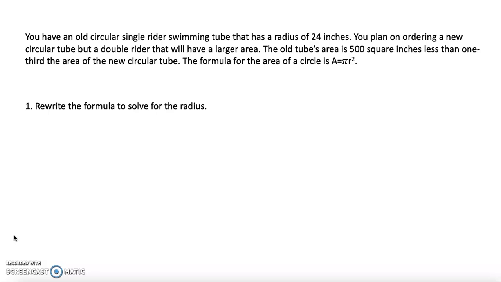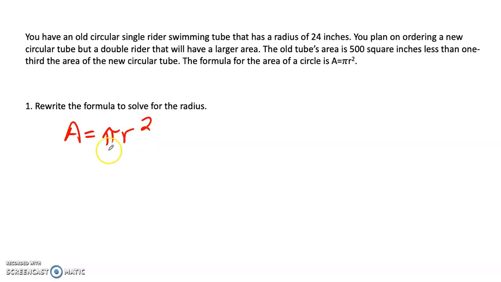We want to first rewrite the formula to solve for the radius. So if pi r squared is the area, I want to get the radius by itself.